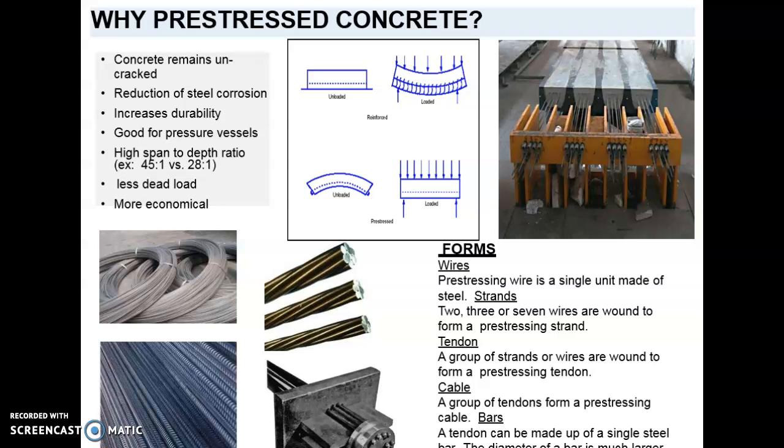Tendon: a group of strands are wound together to form a pre-stressing tendon. Cable: a group of tendons form a pre-stressing cable. Bars: a tendon can be made up of a single steel bar. These are the main steel elements used in prestressed concrete.